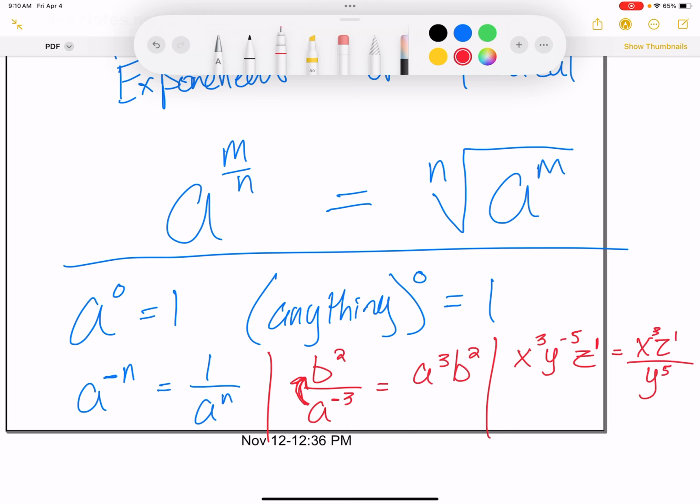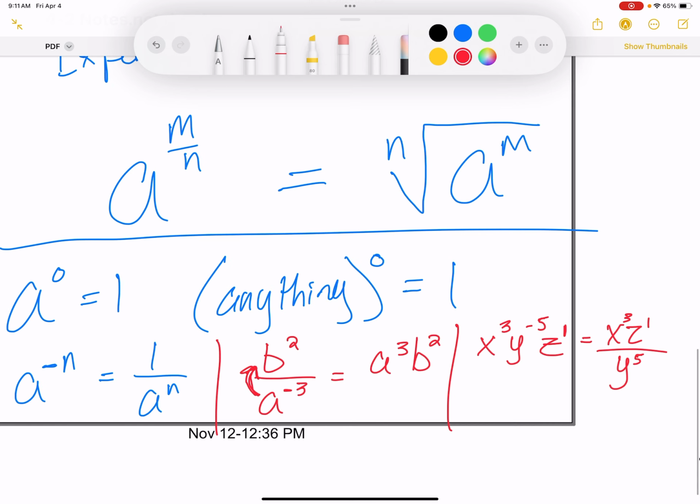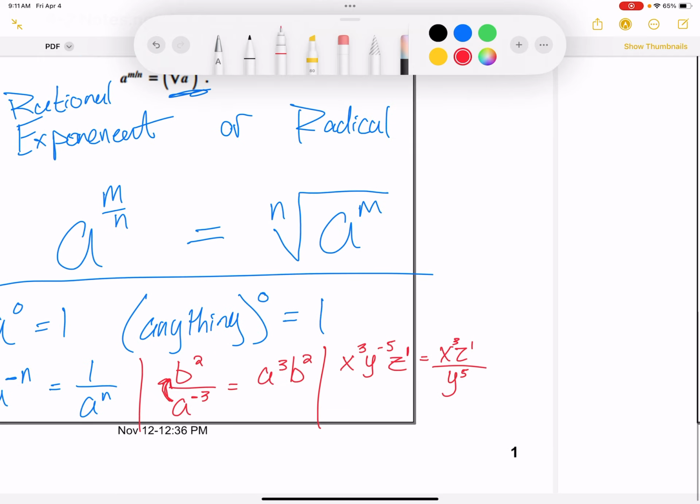So wherever it is, in the numerator or in the denominator, if it has a negative exponent, you move it to the other place and make the exponent positive. It doesn't make the value negative or positive. It just makes the exponent positive.